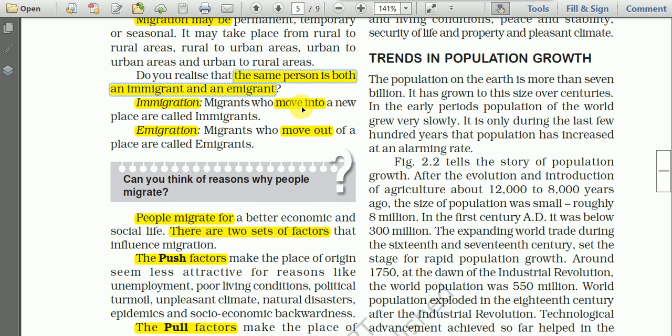When you are moving out from your place, you are an emigrant, and your process is called emigration. And when you move into a new country, your process is called immigration, and you are called an immigrant. So in this way, the same person becomes both an emigrant and an immigrant.